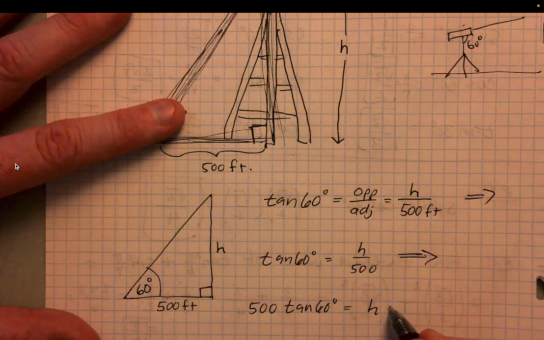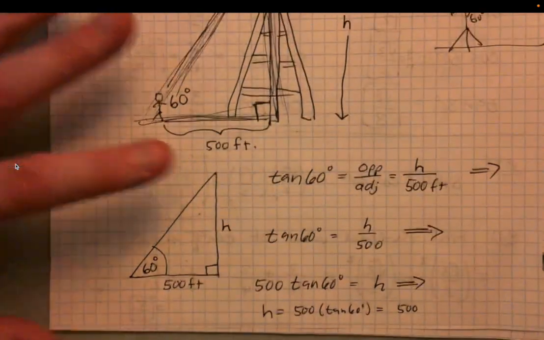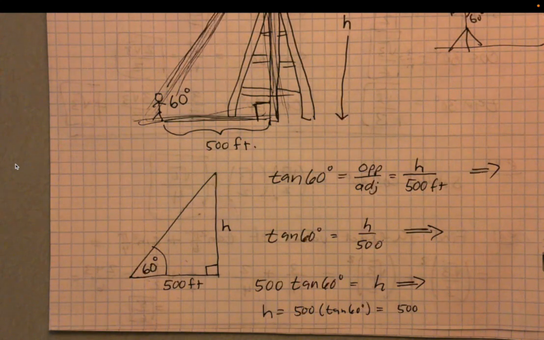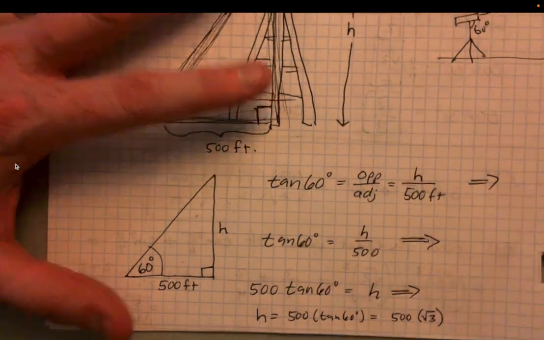So h is equal to 500 times the tangent of 60 degrees, and we know what the tangent of 60 degrees is. We just figured it out. It is the square root of 3.